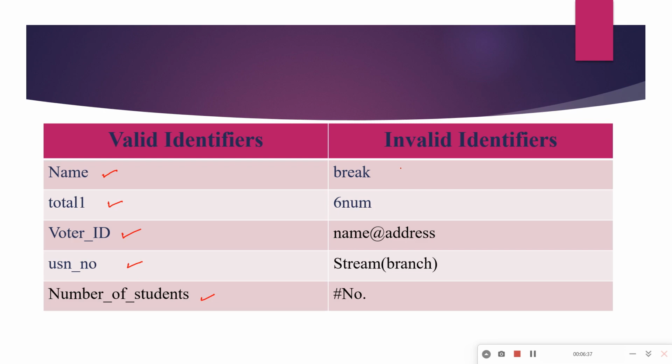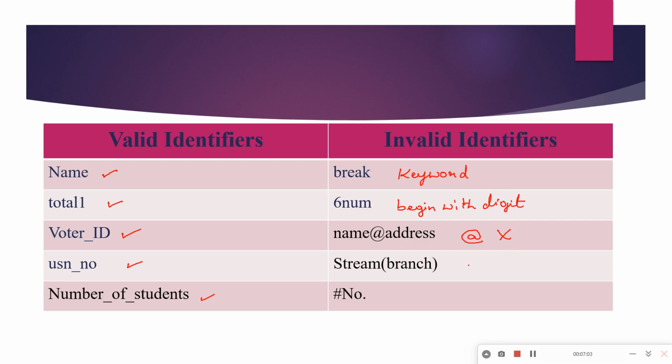Then coming to invalid identifiers. Break. Why is it invalid? Because it is a keyword, right? Then 6num. It begins with what? A digit. That's why it is invalid. Then name@address. Here the at symbol is a special symbol, we should not use it in an identifier name.